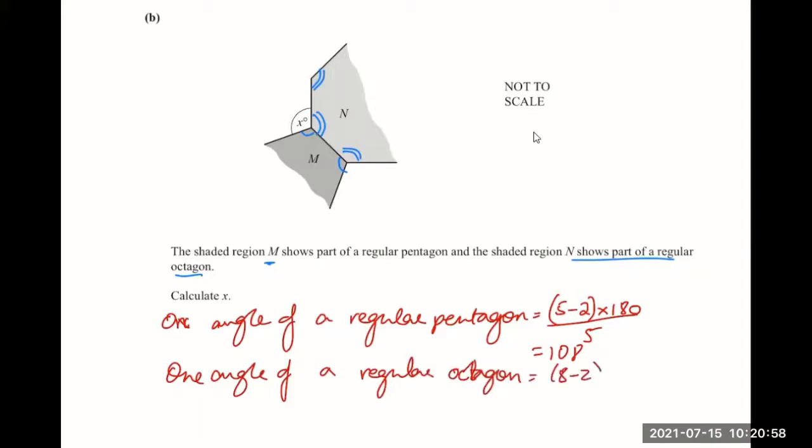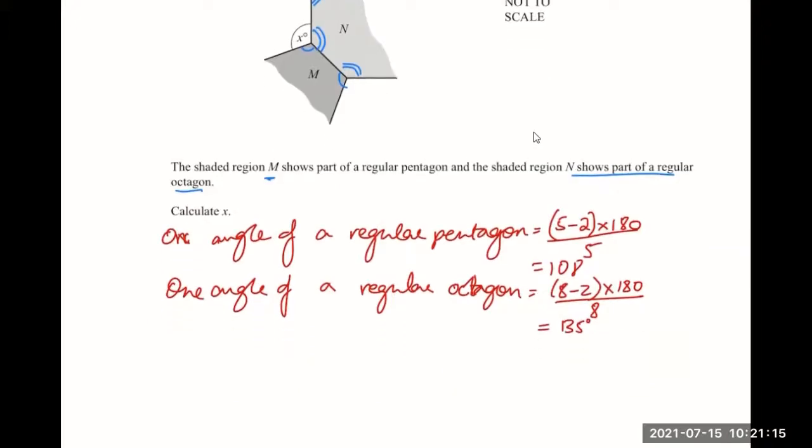So I have 8 minus 2 into 180 divided by 8. 135. So I can say that X gives me 117.